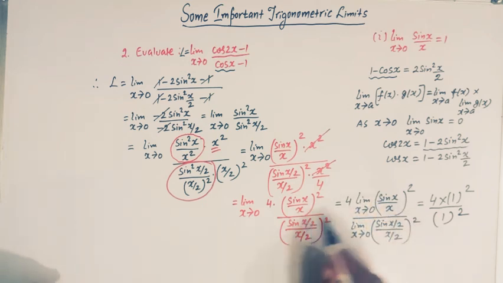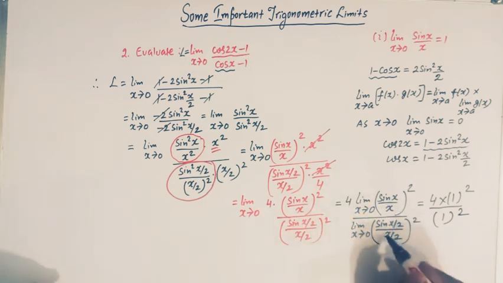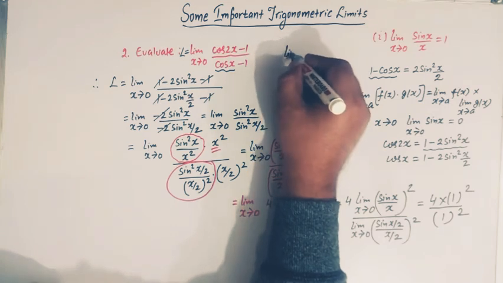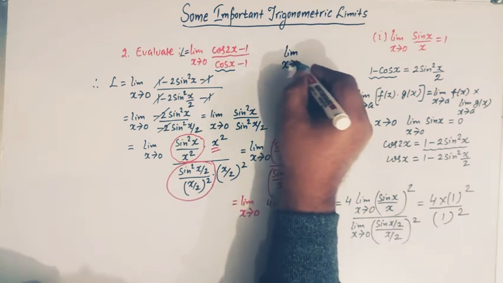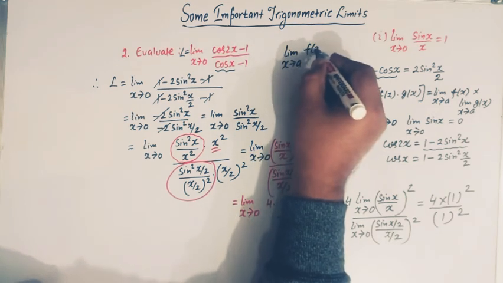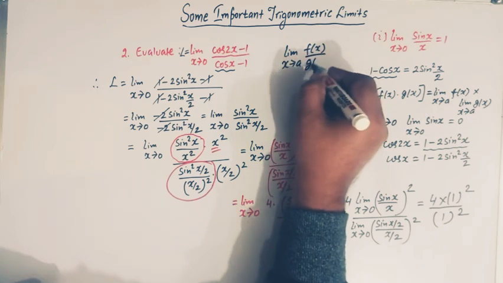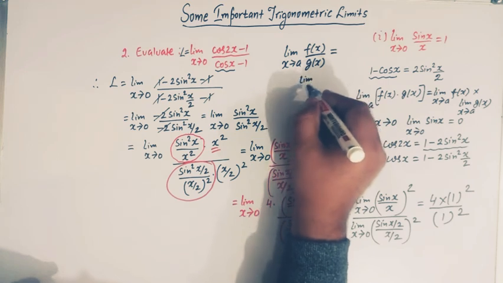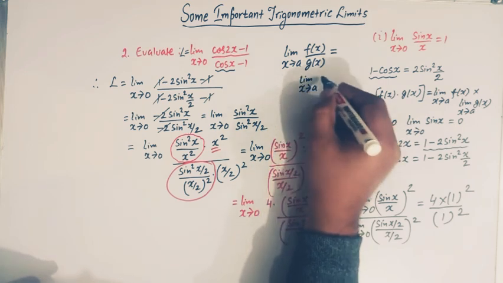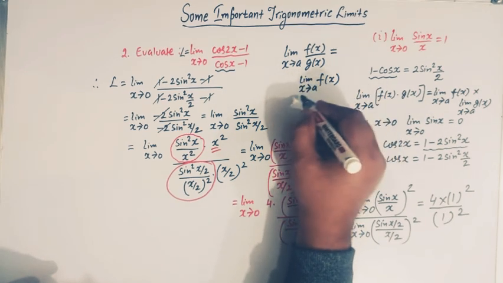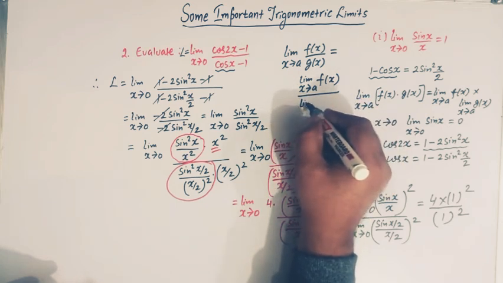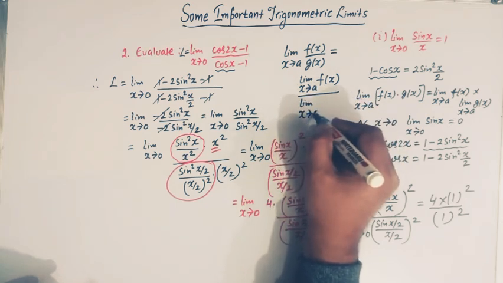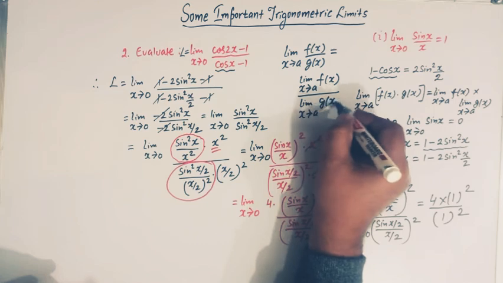So here we have used one important result, that is limit x tends to a of f of x divided by g of x can be written as limit x tends to a f of x divided by limit x tends to a g of x.